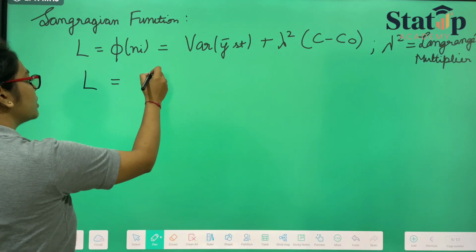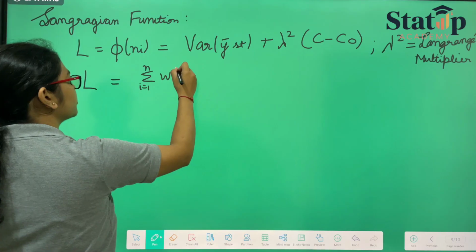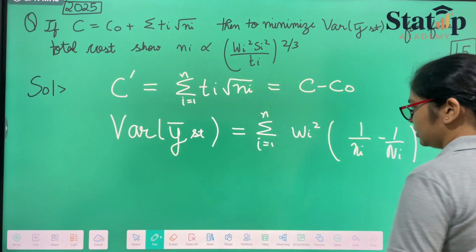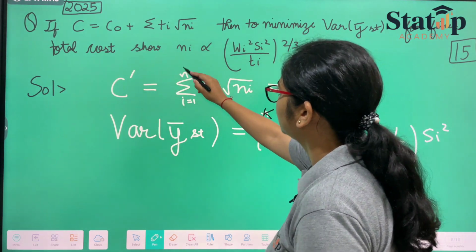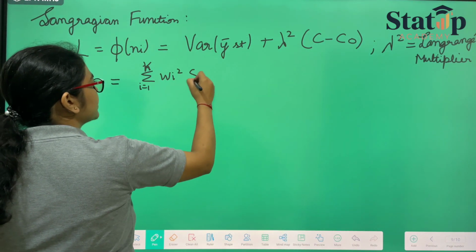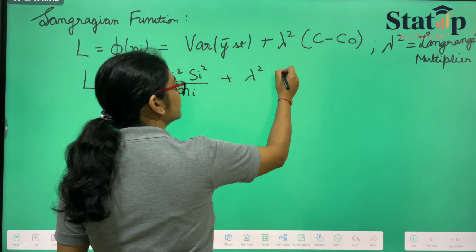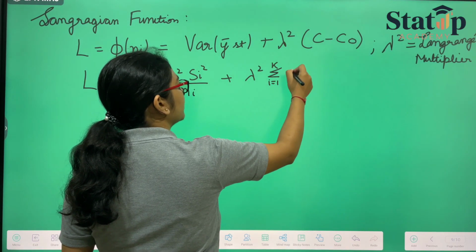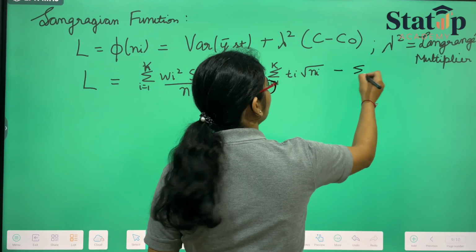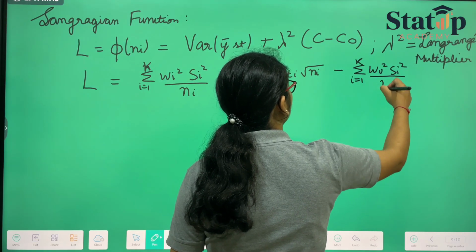L is equal to summation i goes from 1 to n Wi square, or let us say it is 1 to k, because n we have taken there, so let us take it as 1 to k. Wi square Si square upon small ni plus lambda square summation i goes from 1 to k Ti under root Ni minus summation i goes from 1 to k Wi square Si square upon capital Ni.